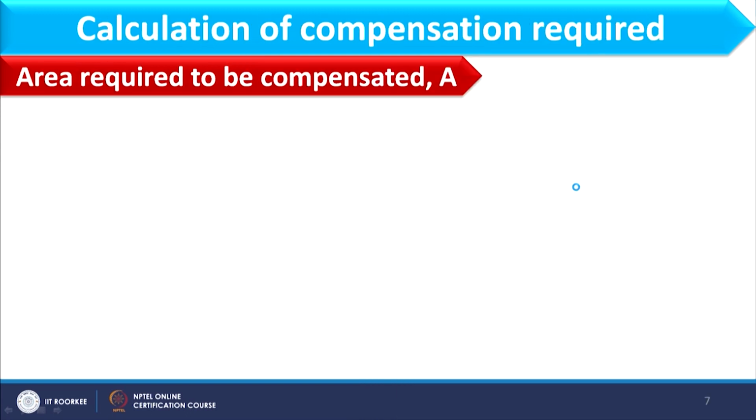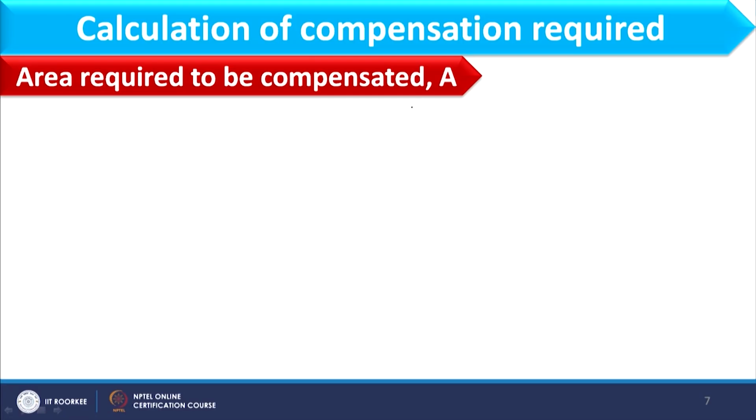Now, we will start the calculation for compensation. It means whatever opening we have created, we have to reinforce. So, how much area do I need to provide for reinforcement? By now you must have an idea that the compensation or reinforcement I provide will be in the form of a ring.